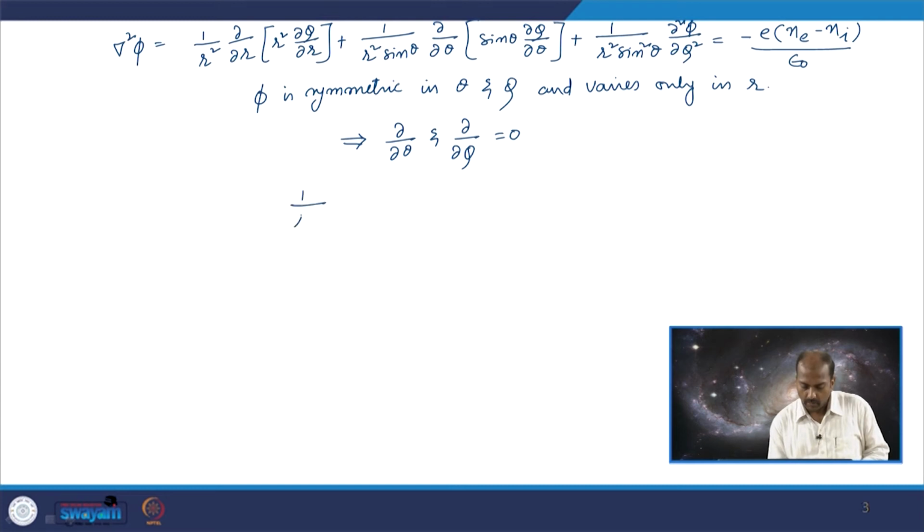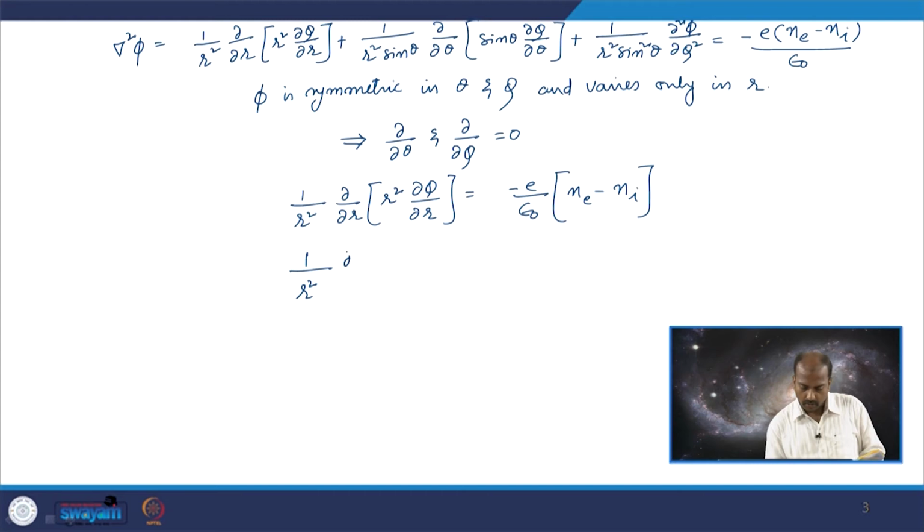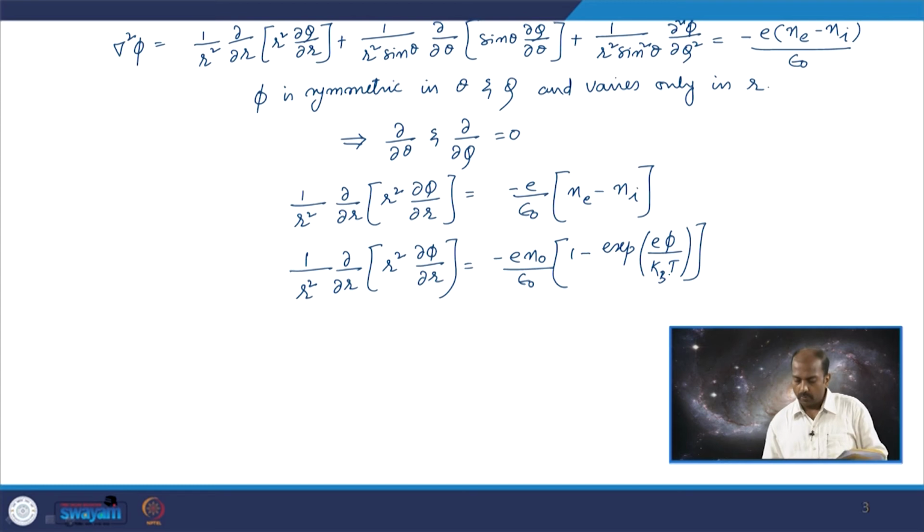So, what we will be left with is 1 by r square dou by dou r of r square dou phi by dou r is equal to minus E by epsilon naught times n e minus n I, right, which we can write as 1 by r square dou by dou r of r square dou phi by dou r is equal to minus E n naught divided by epsilon naught into 1 minus exponential E phi by kB T.